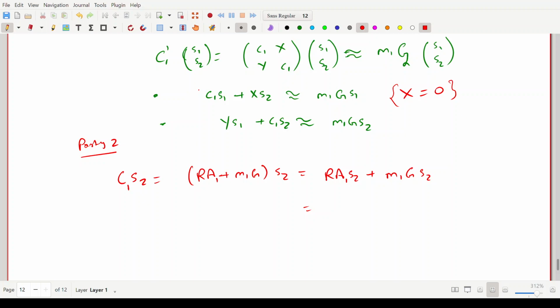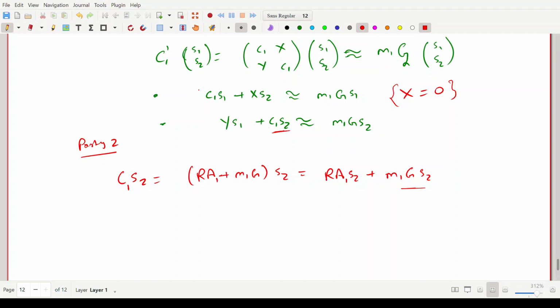So what I'm having is this RE1S2 plus M1GS2. I wanted this part, so I just try to look at C1S2. C1S2 is equal to M1GS2, but I am having this extra term.